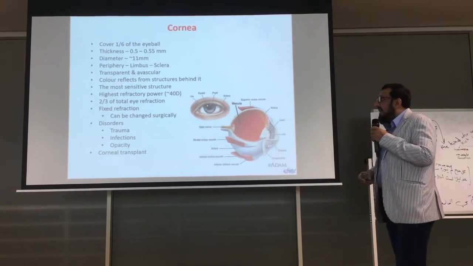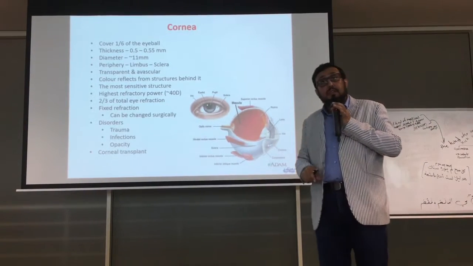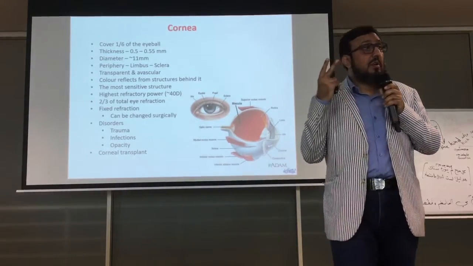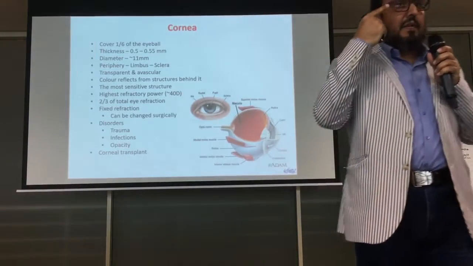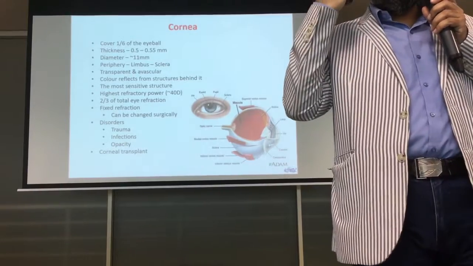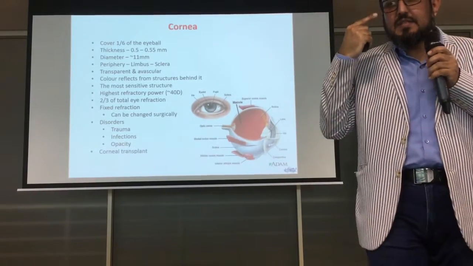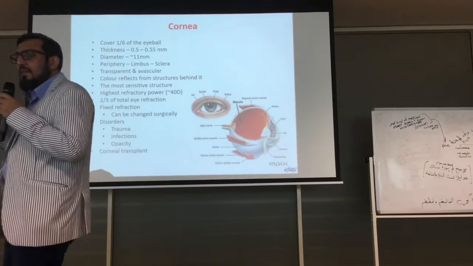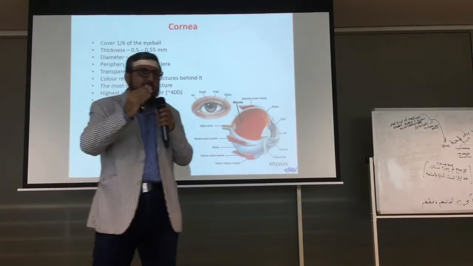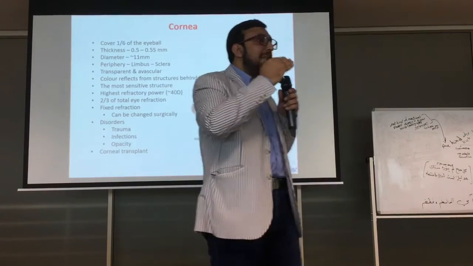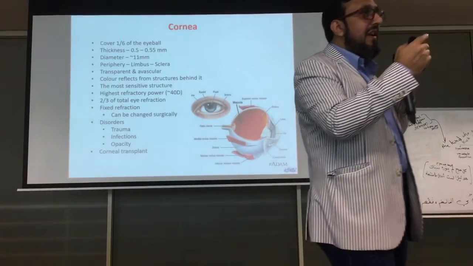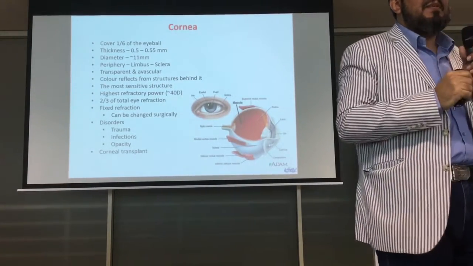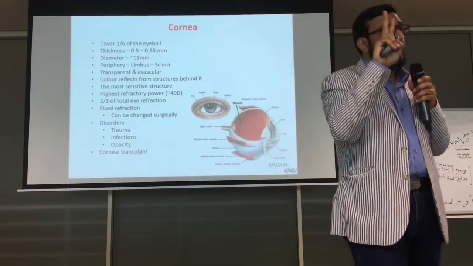Okay, then this is the highest point of the refraction. We said we have two structures for the refraction, the cornea and the lens. What is, by the way, refraction? When light moves from one medium to the other medium, at the border it bends a little bit. So it depends on two factors.